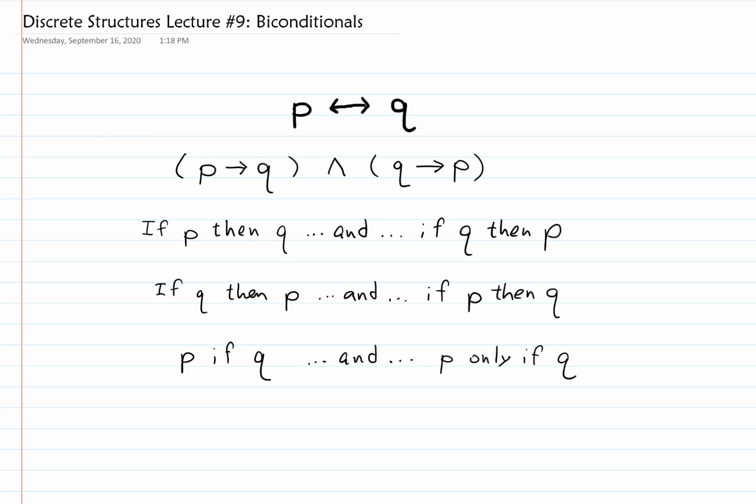In order for if P then Q to be true, I can't have P be true and Q be false. So P could only be true only if Q is also true. Okay? All right.